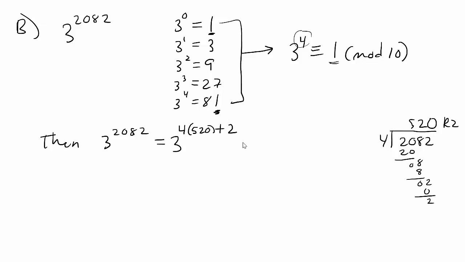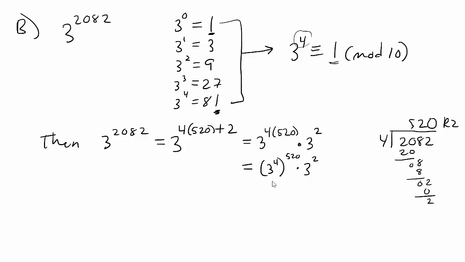This is also equal to, using the equal sign again, 3 to the 4 times 520 exponent times 3 squared, just using your rules for exponents. And this is equal to 3 to the 4th to the 520 power times 3 squared, which I could probably just write as 9.